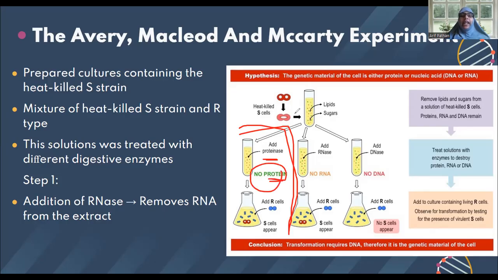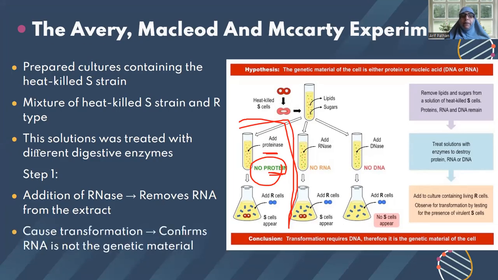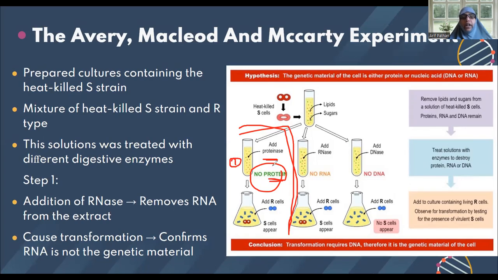So if protein is the transforming principle, then transformation should not happen. What they saw is that it caused a transformation, that is the R were converted into S, because the protein molecule in step one was broken down.